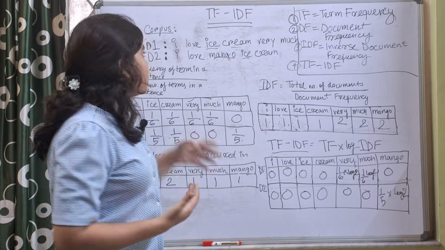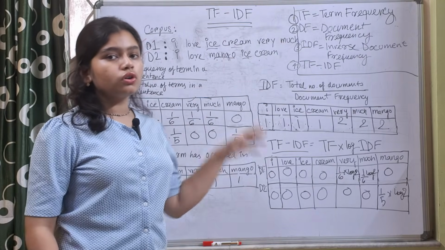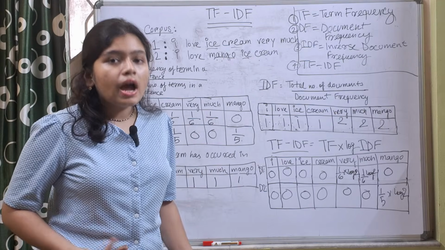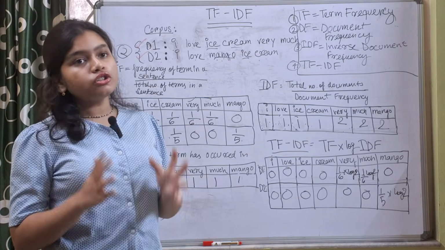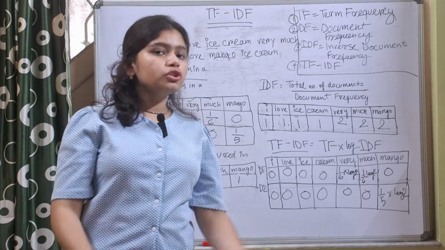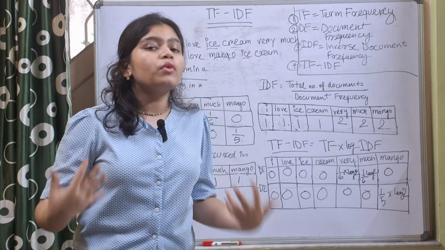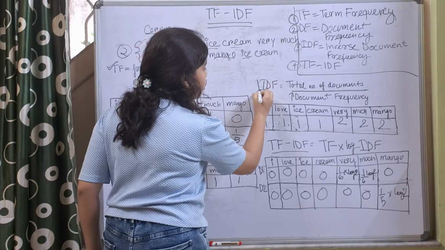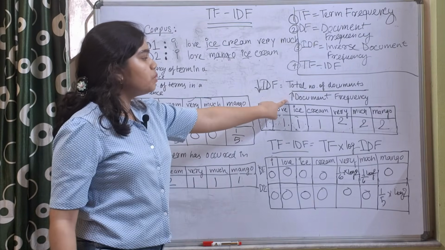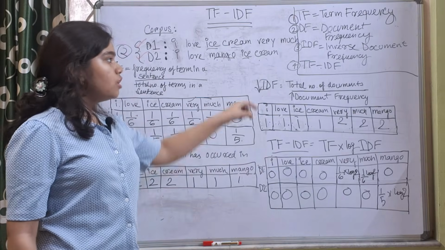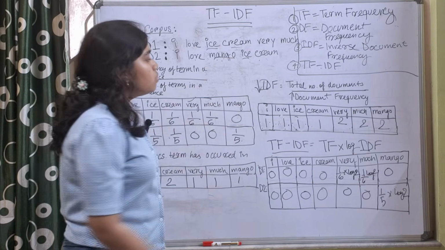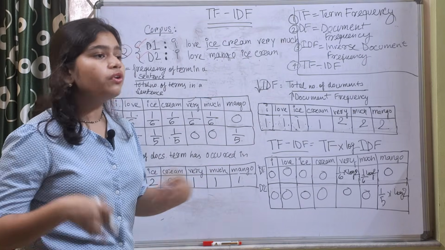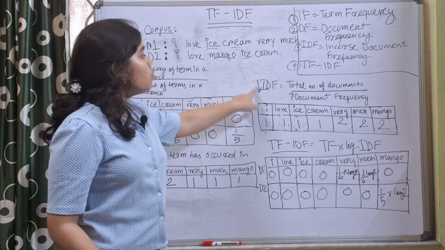If a word occurs in most of the documents in your corpus, it is a very common word, and the machine learning model should not pay much attention to it. Document frequency is in the denominator, so IDF is inversely proportional. If the document frequency increases, that means your word is more common, present in more documents, then you have a lower IDF value.